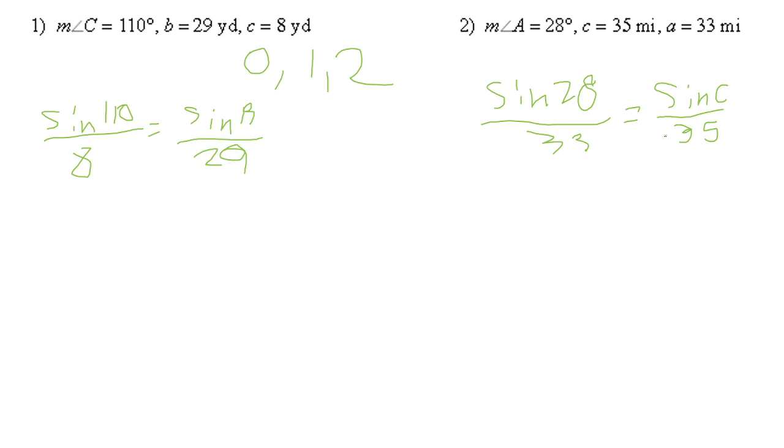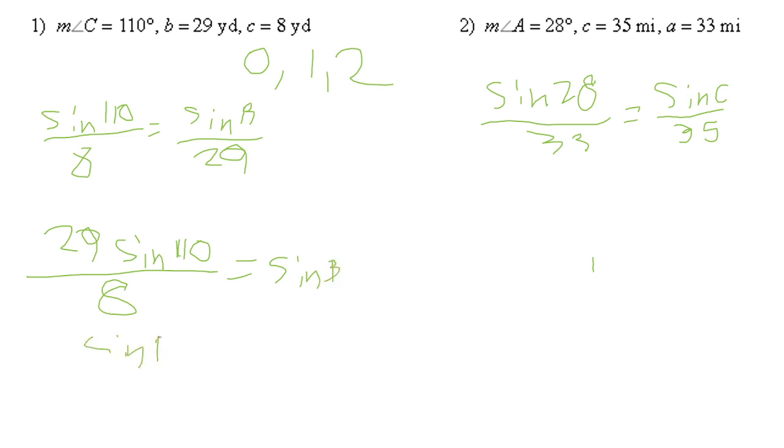All right, so going over these two, we go through. For this first one, we are solving for angle B. We multiply both sides by 29, and we get 29 sine of 110 over 8 equals sine of B. So sine of B equals 29 sine of 110 over 8, which is about 3.4.